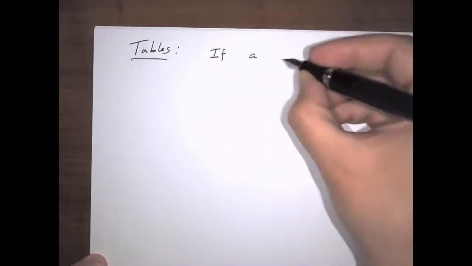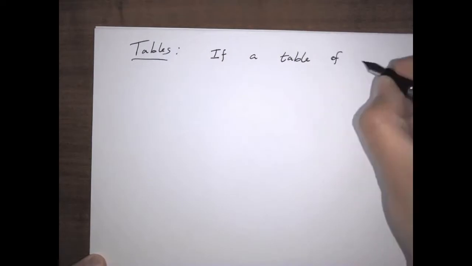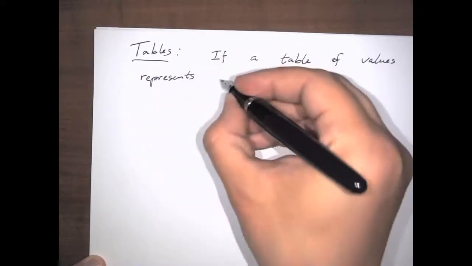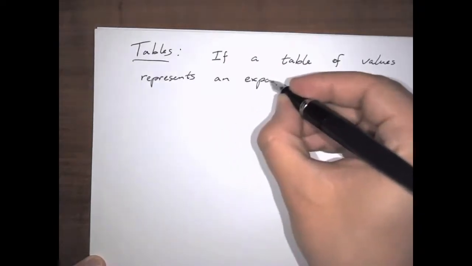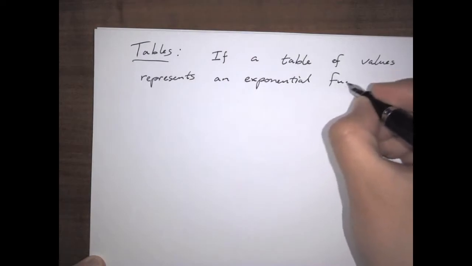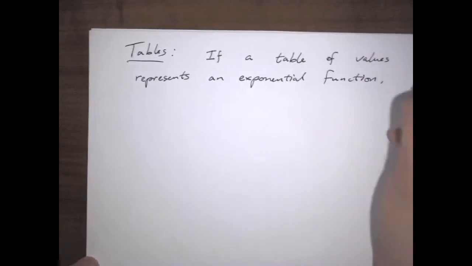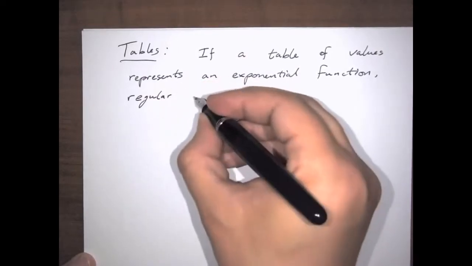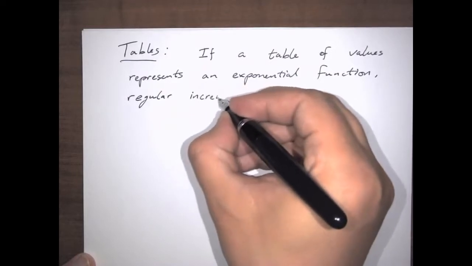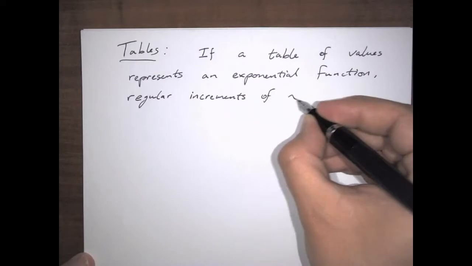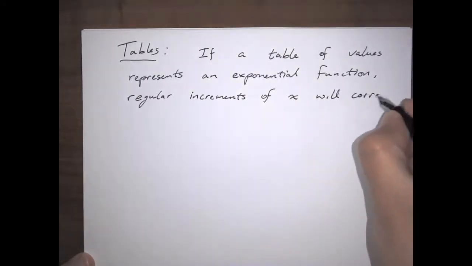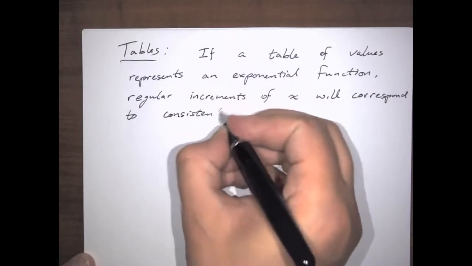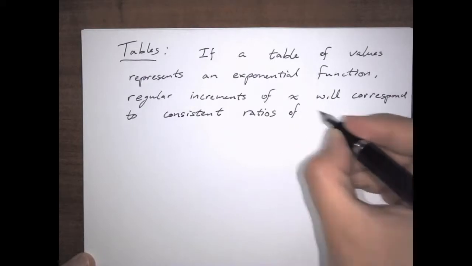So if a table of values represents an exponential function, regular increments of x will correspond to consistent ratios of y.